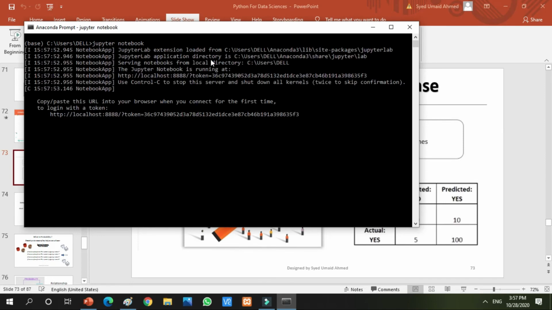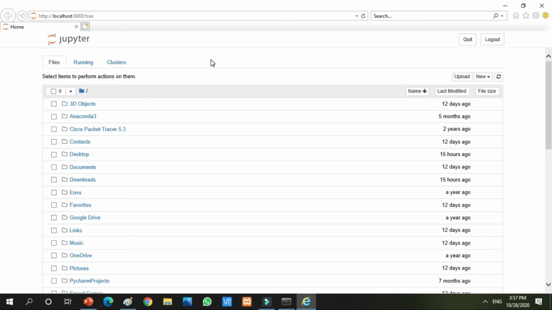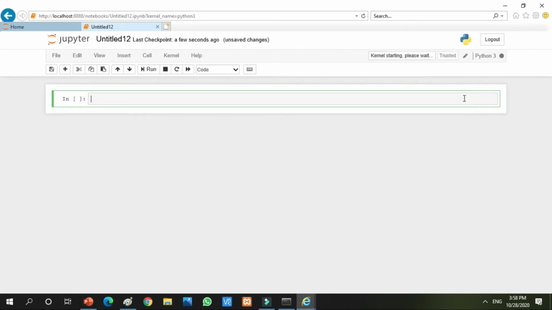So let us start the Jupyter notebook, and then I will start writing some random data, and then we can do the confusion matrix in practice, so you can understand what is happening and get a clear concept about the confusion matrix.